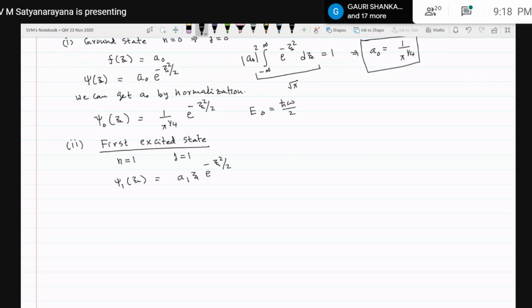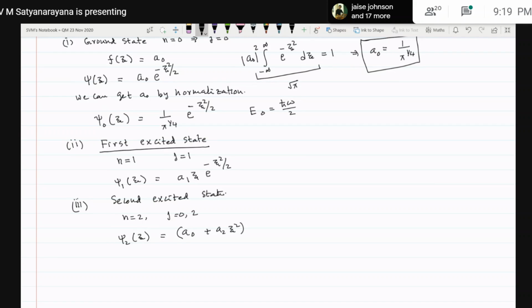Okay, and suppose you take the second excited state. Let's say n is equal to 2, then j can be 0 and 2. So that means your psi 2 of xi is going to be equal to a0 plus a2 xi square into e to the minus xi square by 2.